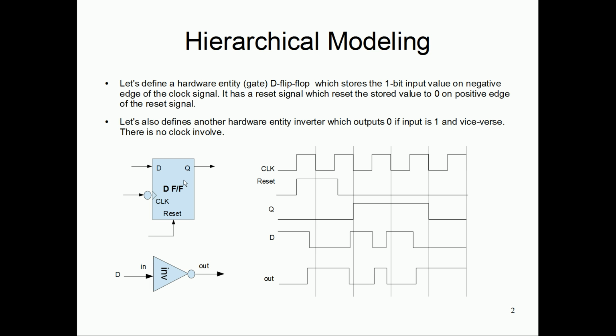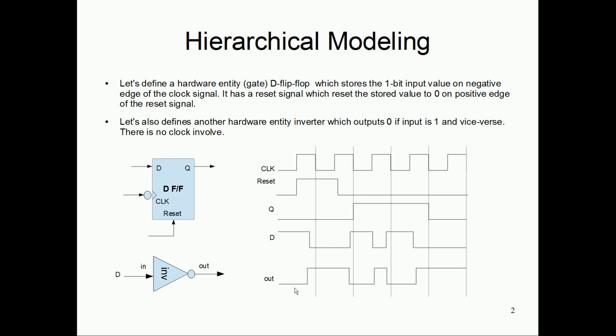We know this is a falling edge or negative edge triggered flop. And this type of circuit is called a sequential circuit, which basically means only at a certain edge of the clock will the output change. If any input changes in between, it doesn't matter.